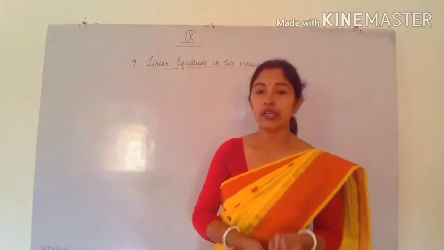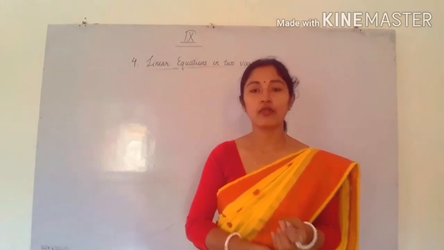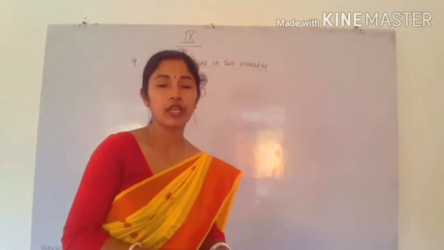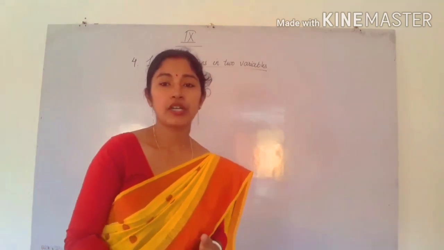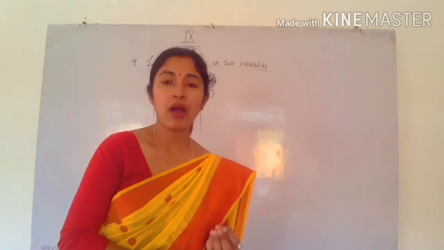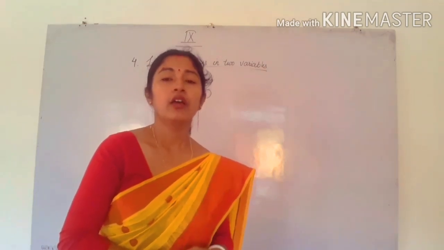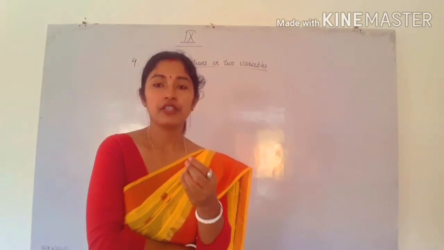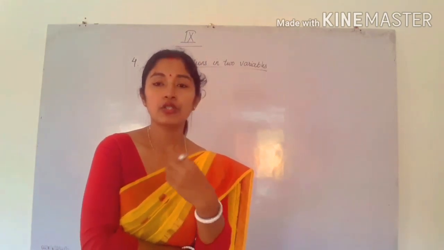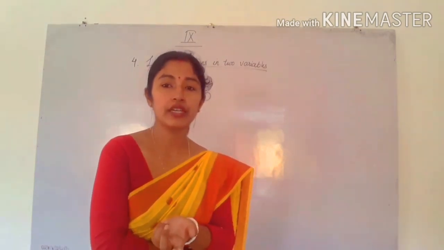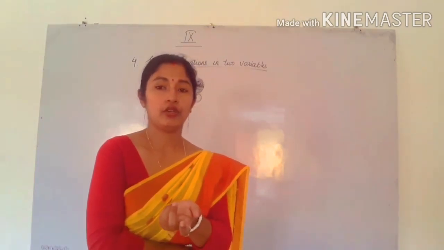Already in class 8 you have studied linear equation in one variable. What was linear equation in one variable? The expression has degree 1, that means the highest power will be 1, the power of x will be 1. And how many solutions do we get from that equation?